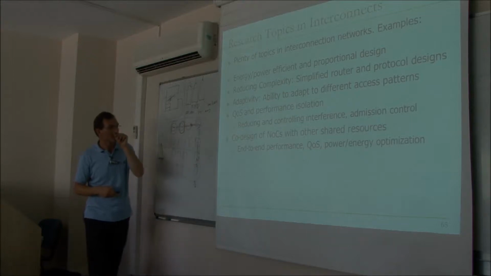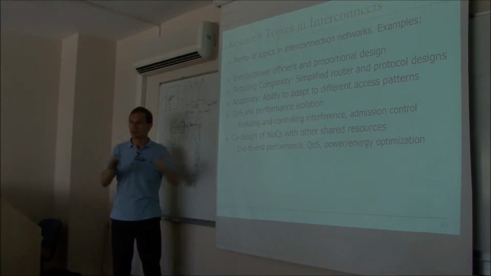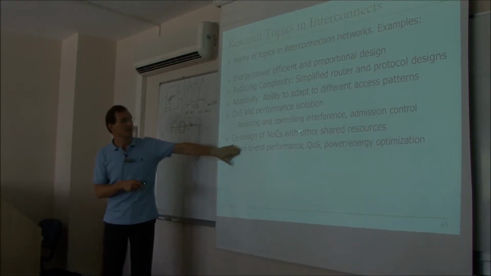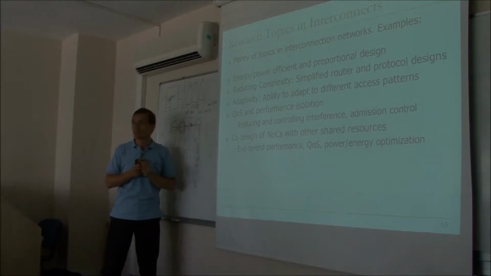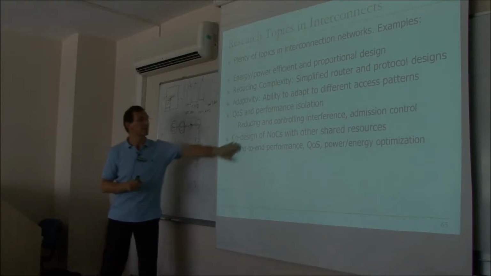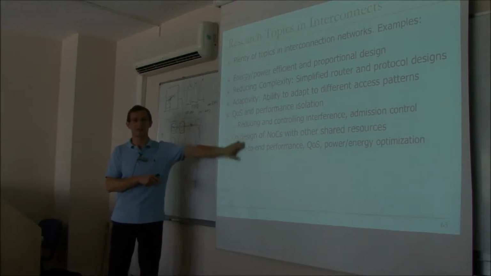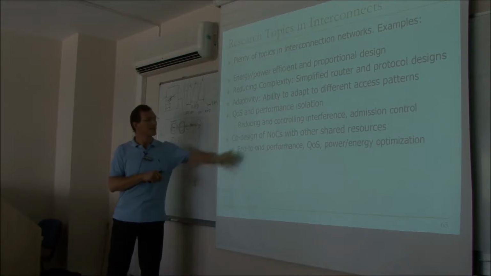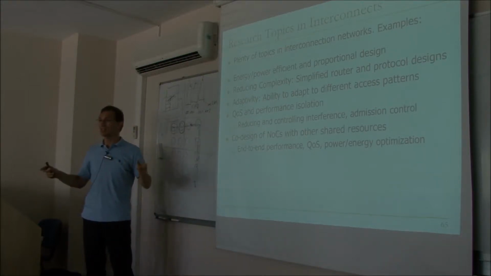Co-design of interconnects with other shared resources, again, on-chip enables this much better. So how do you co-design, for example, cores and memory controllers and the interconnect together? Maybe they should be aware of each other. Maybe the interconnect should be aware of what packet is more critical to the core. Again, I don't know if I'll be able to get to it, but there are ideas on figuring out the slack of a packet, and you can do that much more easily on chip. What is the slack of the packet?